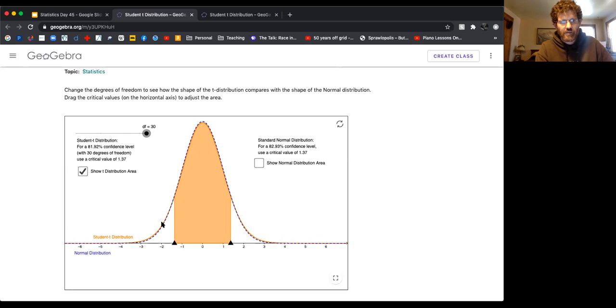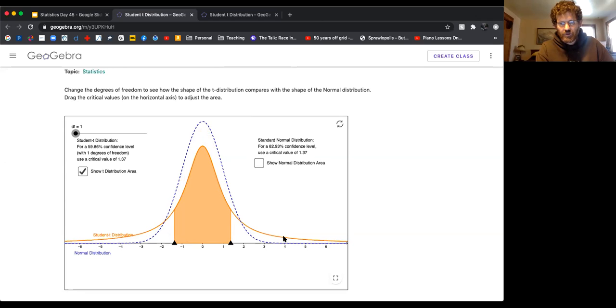But in every single case, here's the main takeaway, and I'll go back down to the extreme end. In every single case, our tails are a little fatter. Practically speaking, that means there is more possibility for something to end up out here in a t distribution than there is in a normal distribution. Look at the probability that something's going to be at 4 standard deviations or higher. It's practically 0 in a normal.